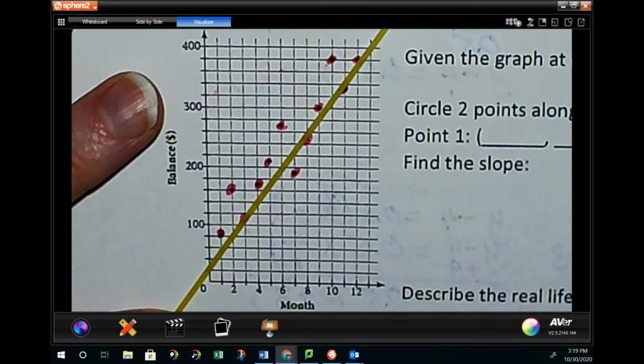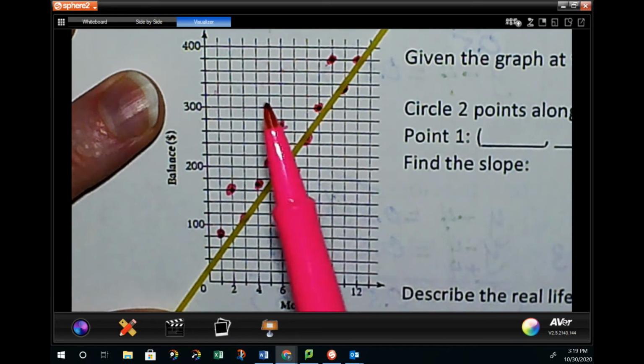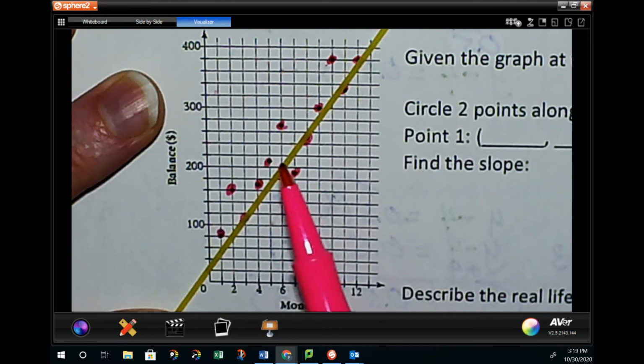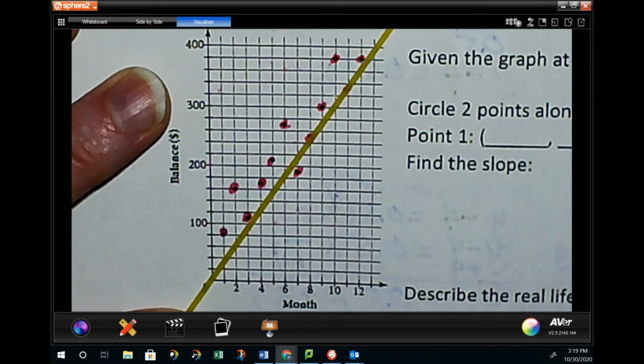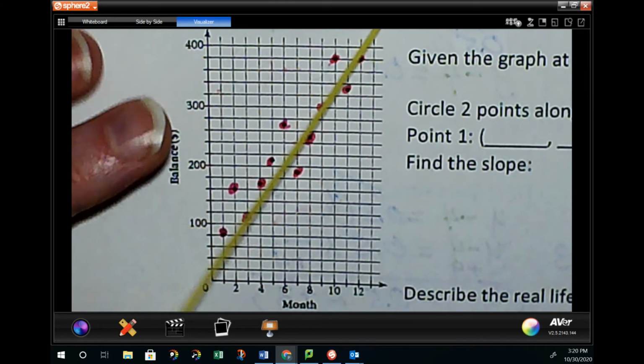If I went from 0 to there, you can see automatically that you're going to have more points above. It's not always going to be perfect at 0. There are definitely more points above your line, and only like 1 point below. So that's not a good line.